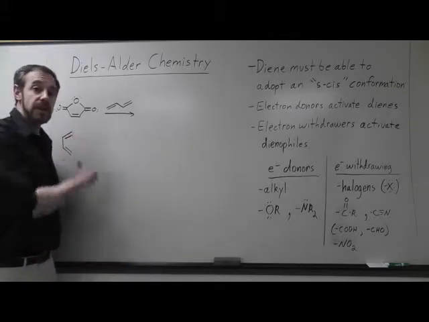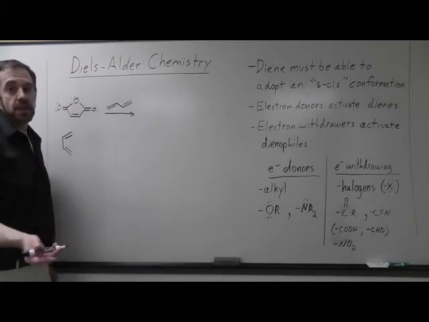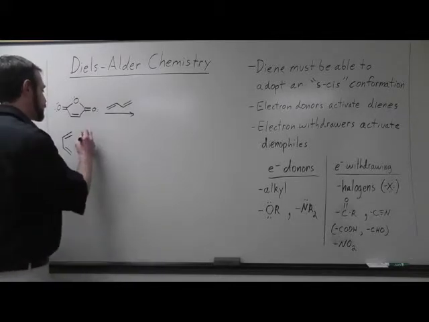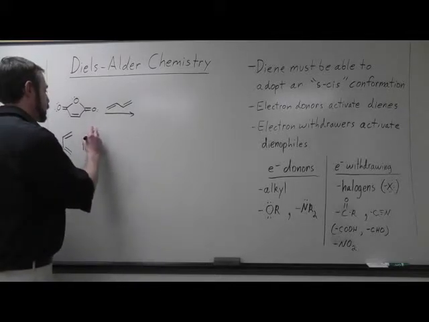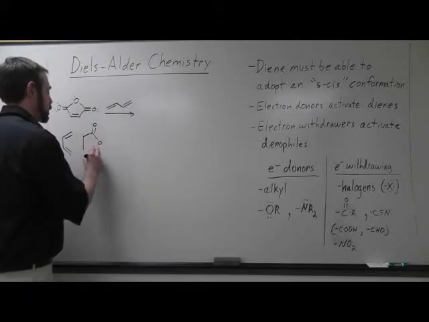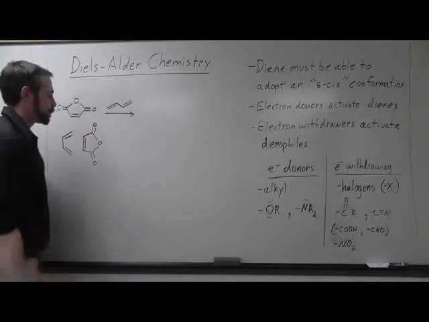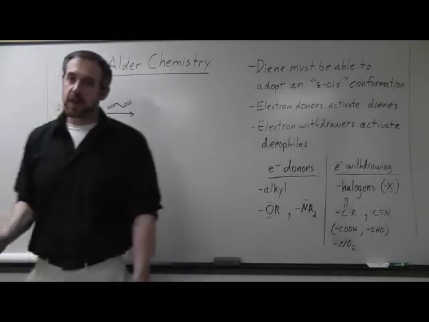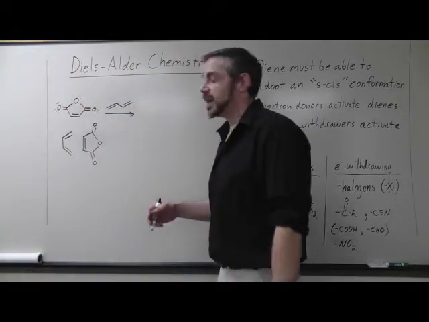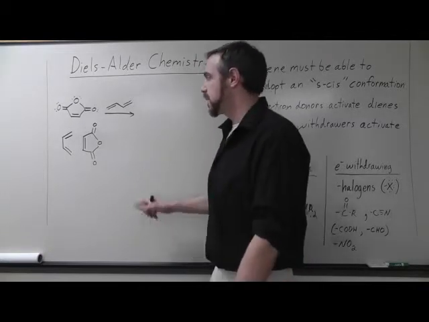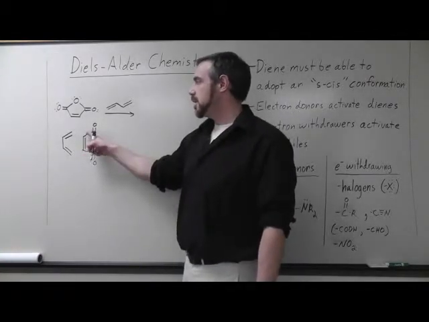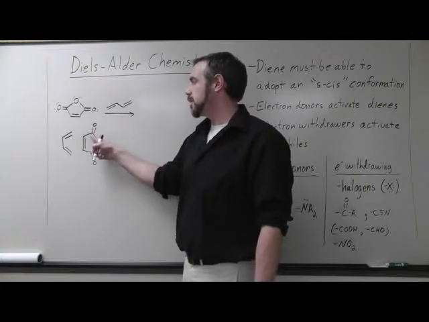The part of our dienophile that's going to react is that carbon-carbon bond. This dienophile is actually a typical dienophile for Diels-Alder reactions. Notice how the alkene is bonded to two carbonyl carbons.